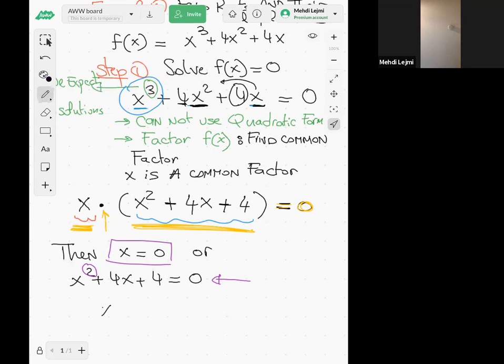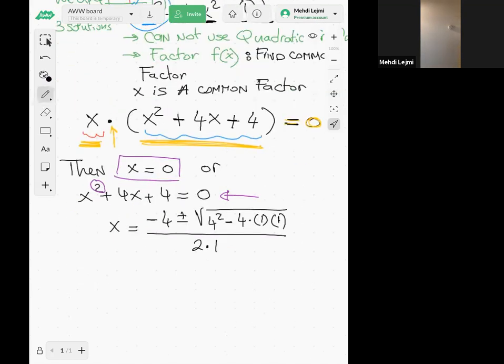So my x would be minus b, so the negative 4, plus or minus square root of b squared minus 4 times a times c, over 2a, right? So then my x is negative 4 plus or minus. So that's 16. Sorry, here the c is 4, right? My c is 4.